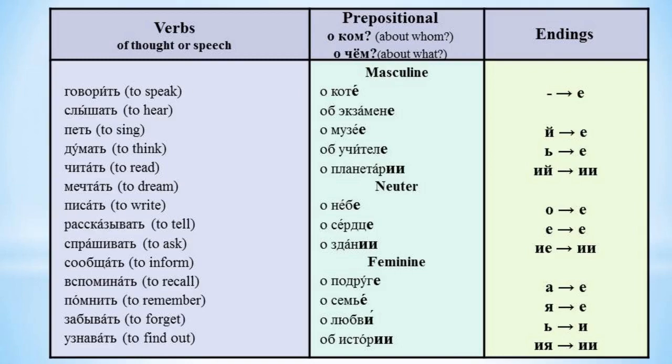You can see that masculine nouns with a soft sign at the end change a little differently from feminine nouns with a soft sign at the end. Masculine nouns have the ending "е" in the prepositional case, like об учителе, for example. And feminine nouns have the ending "и" in the prepositional case. For example, о любви. So also be really attentive about it because it's so easy to make mistakes here.